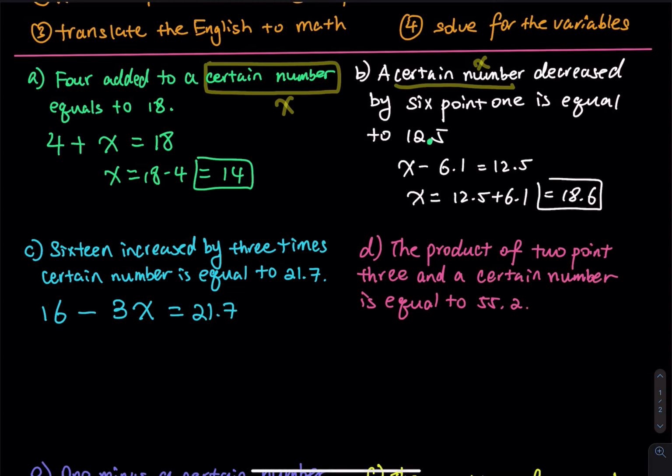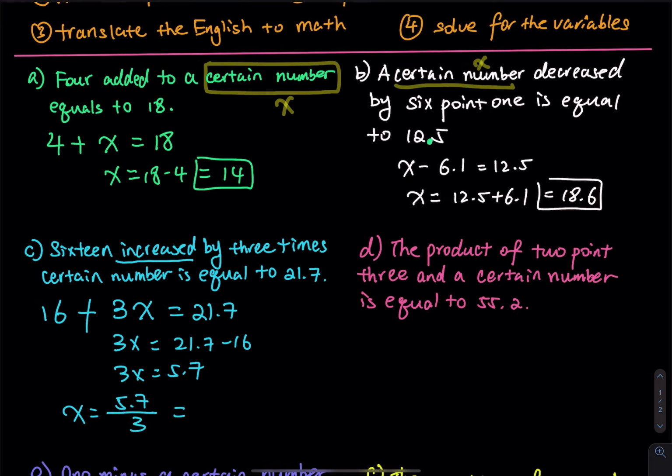So first you subtract 16 on both sides. Oh, 16 increase. So this is a plus. So you have 3x equals 21.7 minus 16. So 3x equals 5.7. And then you divide both sides by 3. x equals 5.7 divided by 3. That equals 1.9.